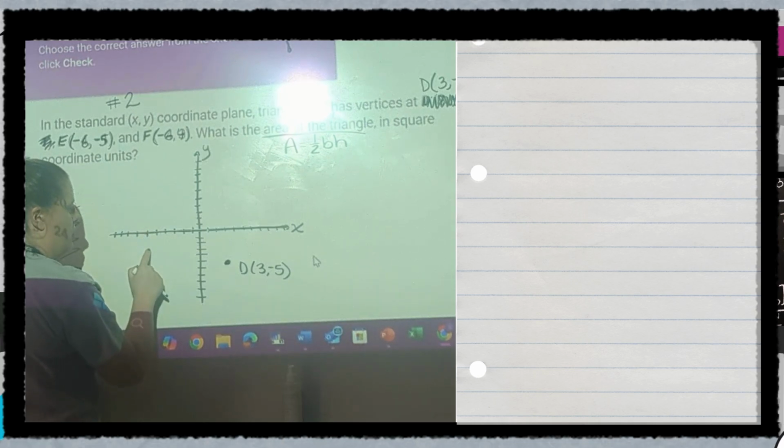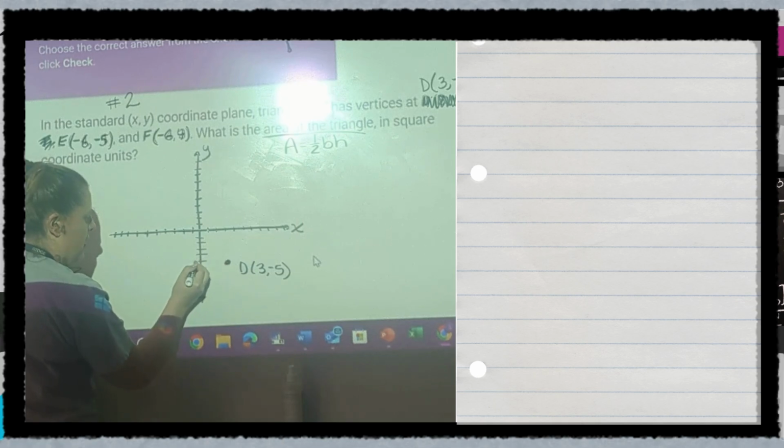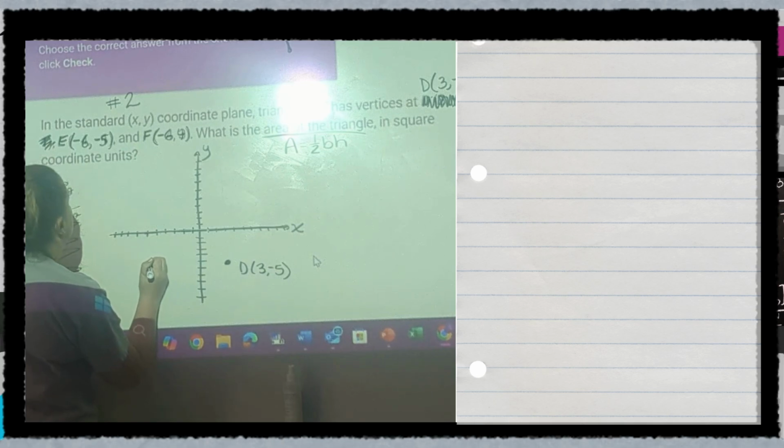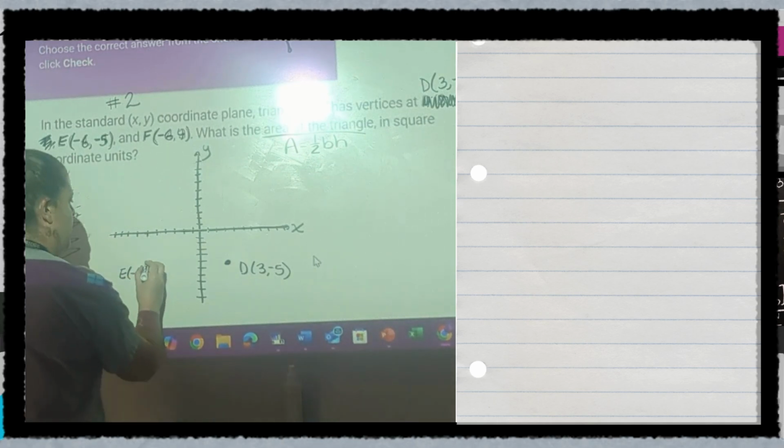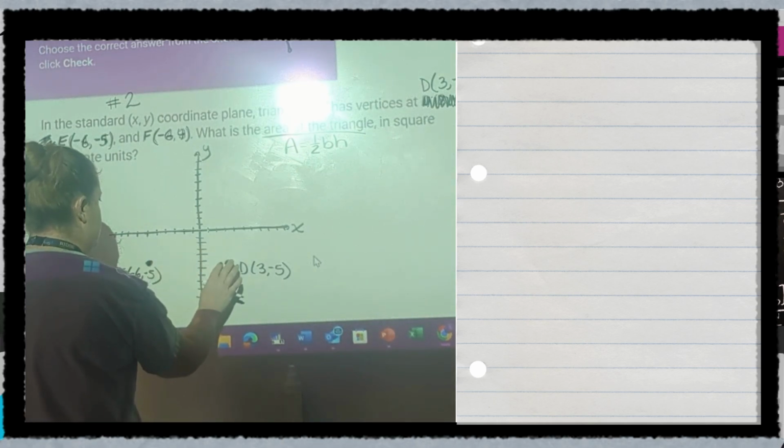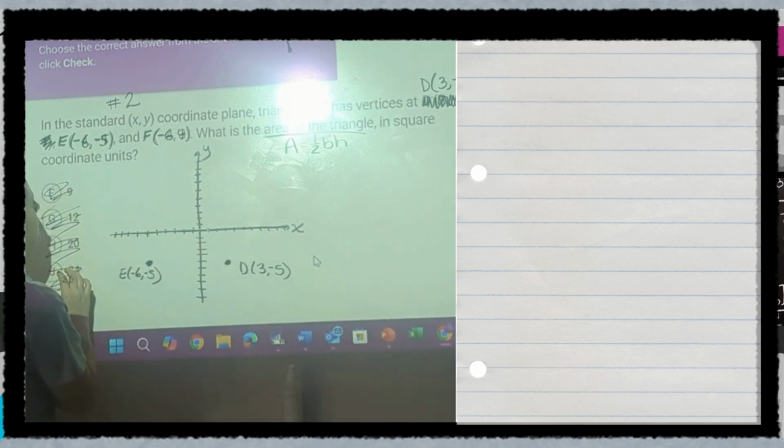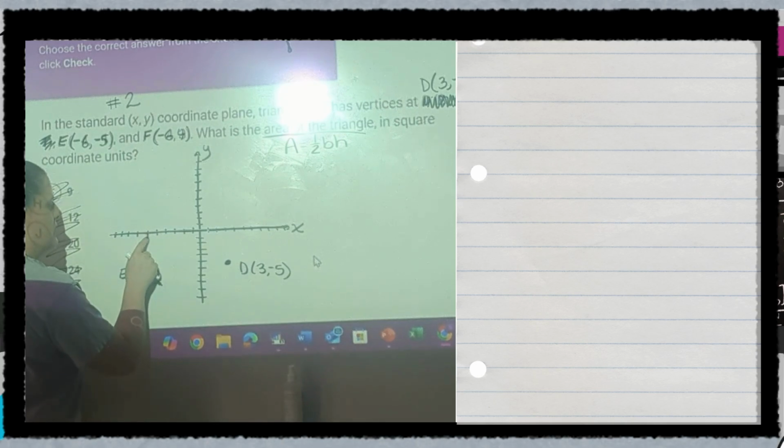Down 1, 2, 3, 4, 5, and that lines up perfectly, which is great for us because they are both at the same value down here. F is (-6, 4), so -6, up 1, 2, 3, 4 puts us right here. And that one's lined up perfectly with that one.